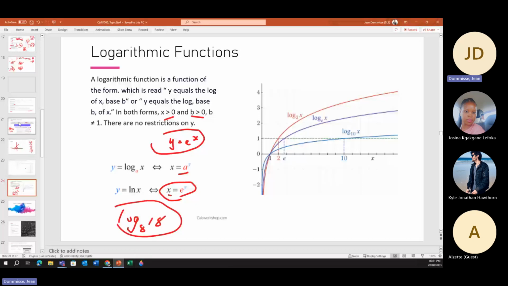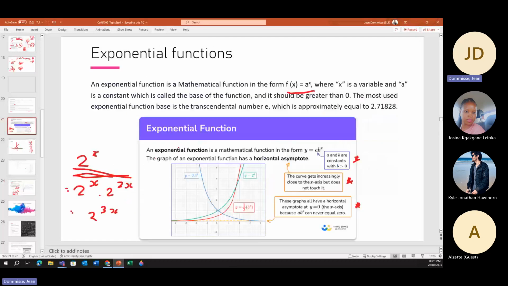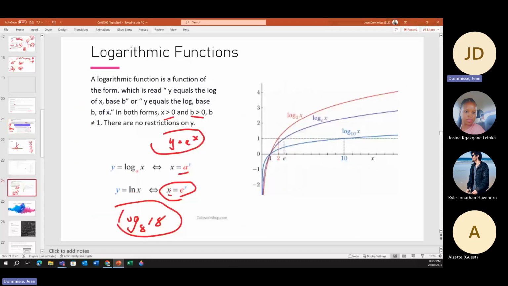If I ask you in an exponential function, 3 to the power of 4, something like that, you can work it out. So the same with the log functions. If I give you values in it, you can calculate it.